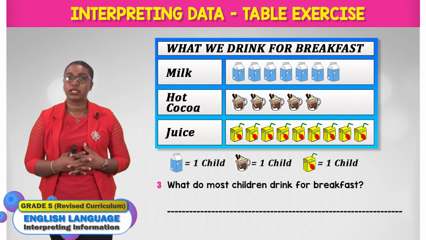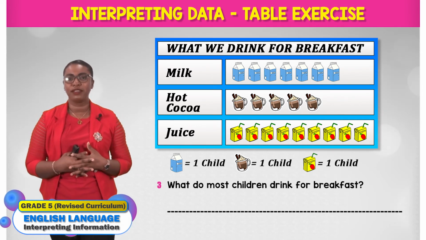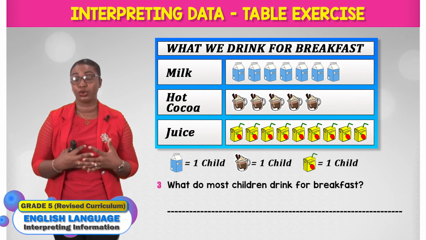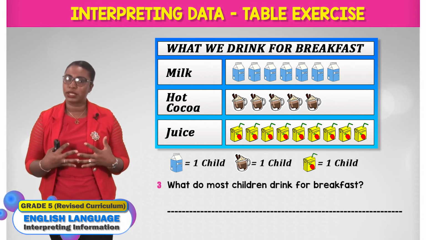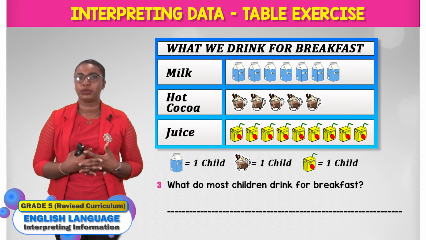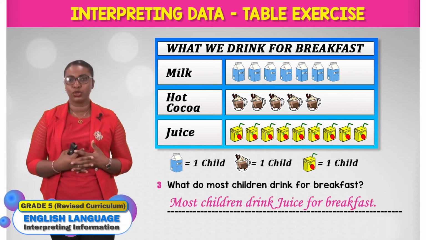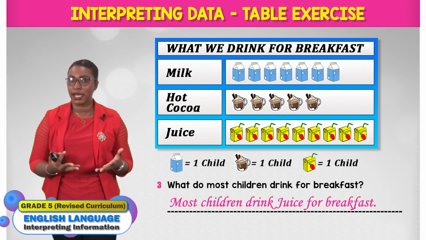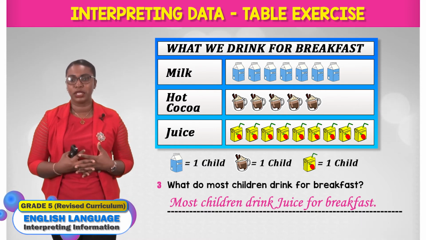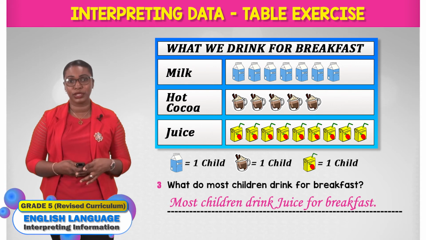And so, because it's the word most, we have to look at which beverage or which drink has the most symbols. If we look back at our table, we would see that juice has the most symbols. Can you see that? Did you interpret the information the same way I interpreted it?